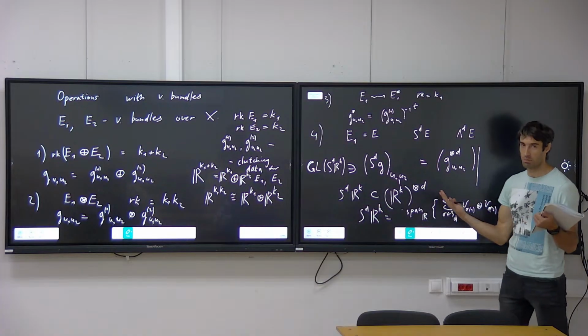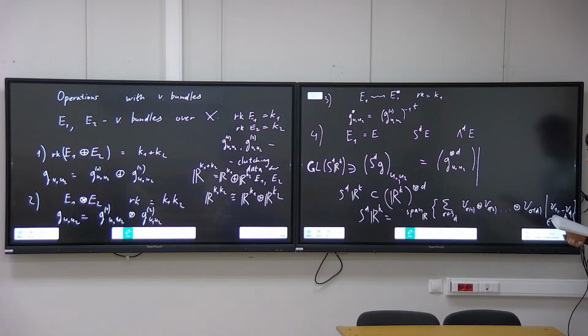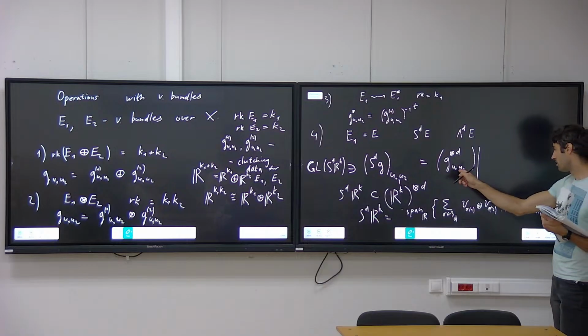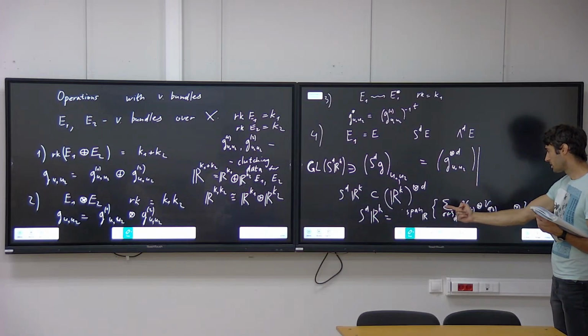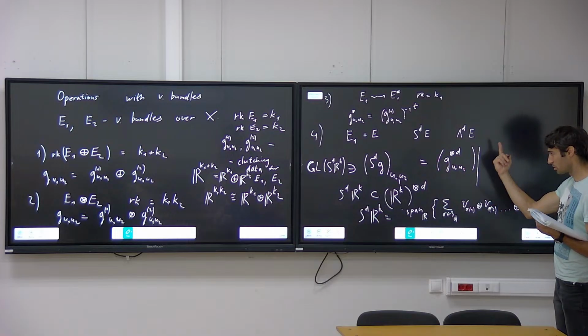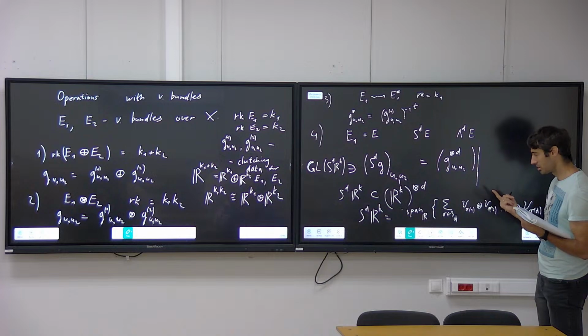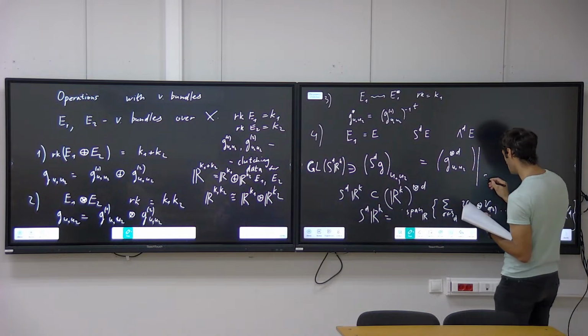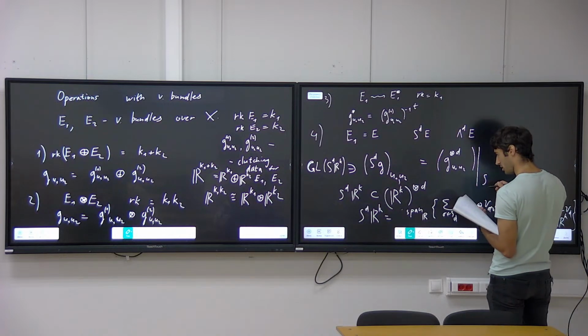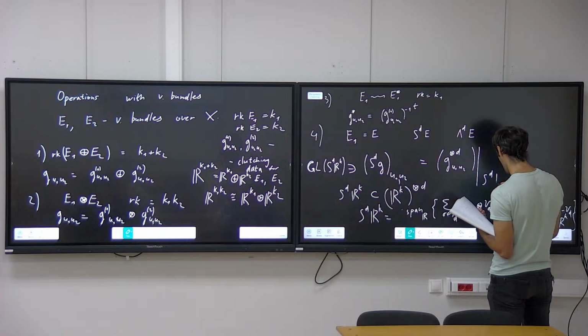Okay, these are symmetric tensors, of course. And then I take this stuff, and this subspace is invariant with respect to, so to say, the action of GL_k, right? And so I can restrict it to S^D R^k.